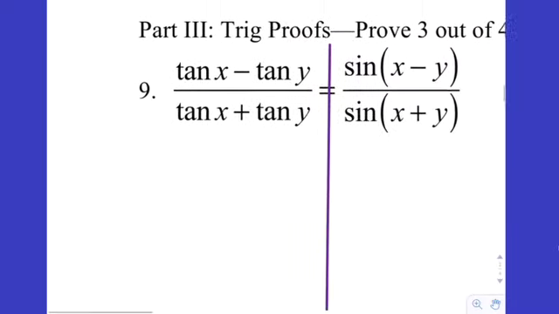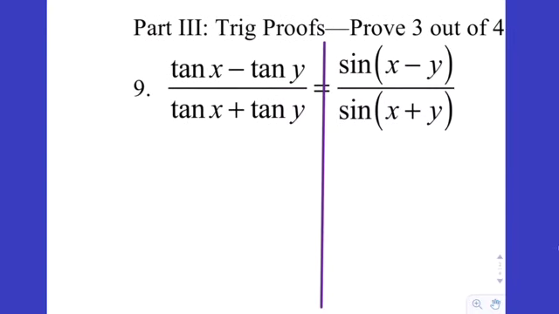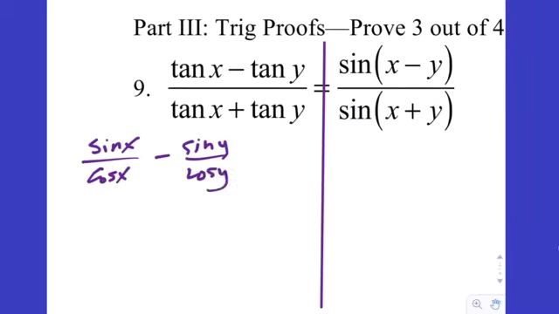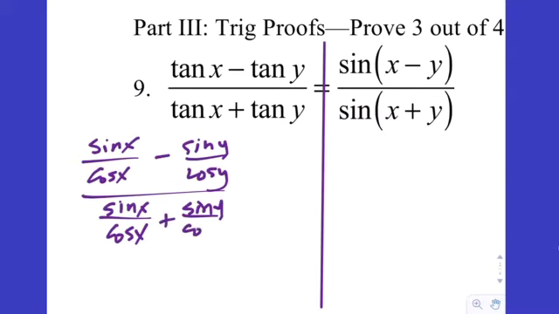So I'm going to start on the left side because it's in terms of tangent. I'm going to put everything in terms of sine and cosine. So that's sine of x over cosine of x, minus sine y over cosine y, all over sine x over cosine x, plus sine y over cosine y. And hooray, what have we just created?